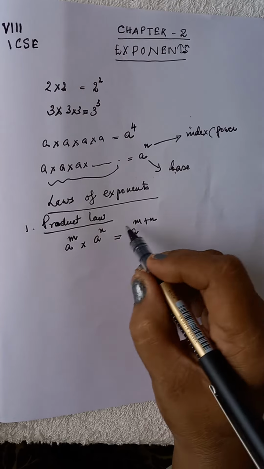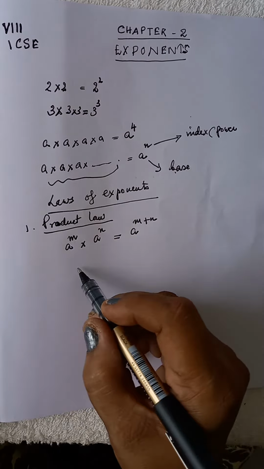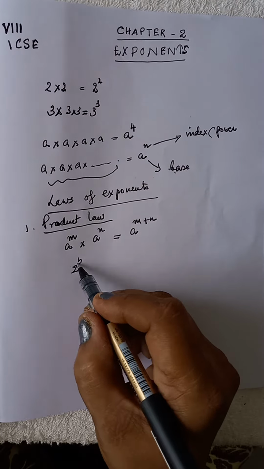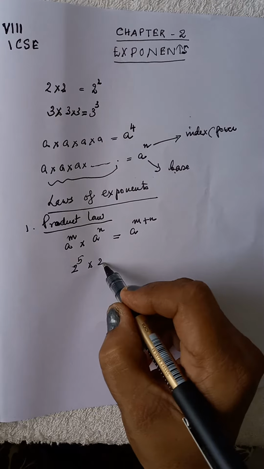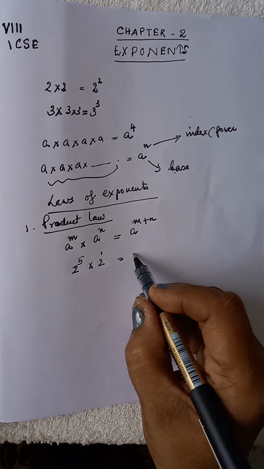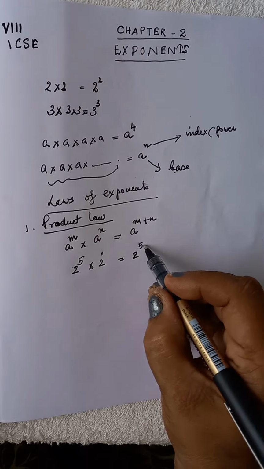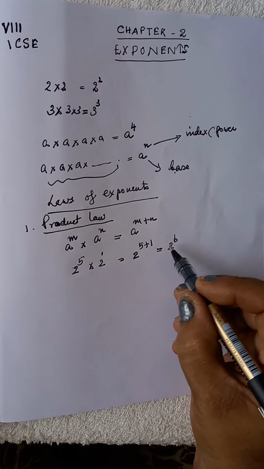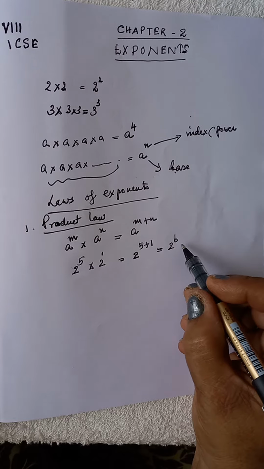We will add the powers. If you take one example, 2 raised to 5 into 2 raised to 1, then what you will get? 2 raised to 5 plus 1, that is 2 raised to 6. 2 raised to 6 we have to find out.